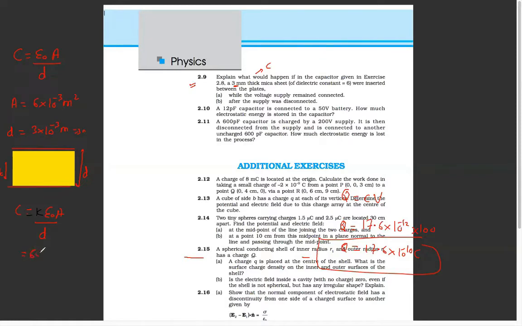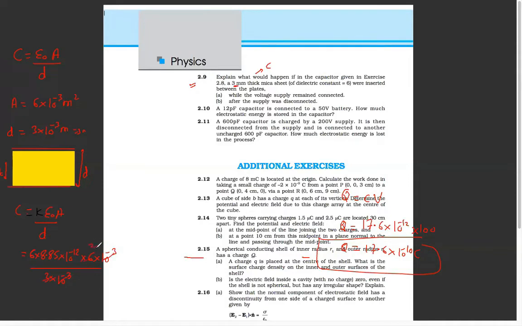So K is 6. Epsilon naught is 8.85 into 10 raised to the power minus 12. Area is 6 into 10 raised to the power minus 3, divided by D, which is 3 into 10 raised to the power minus 3. This gets cancelled out.